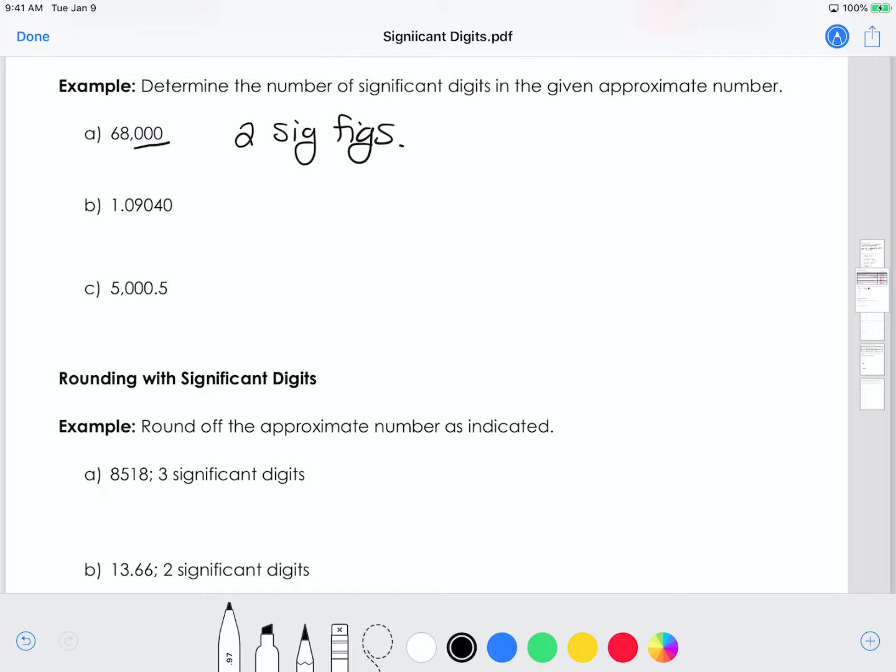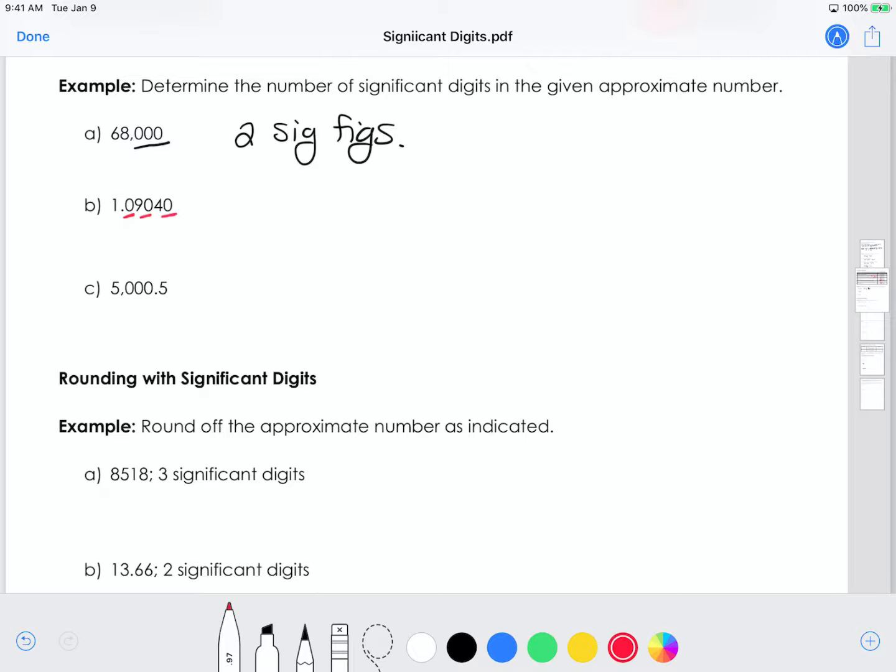In example B, we have 1.09040. Of course, all the non-zero digits are significant. And then when we look at the zeros, this 0 is considered significant because it's between 2 non-zero numbers. This 0 is considered significant because it's between 2 non-zero numbers.